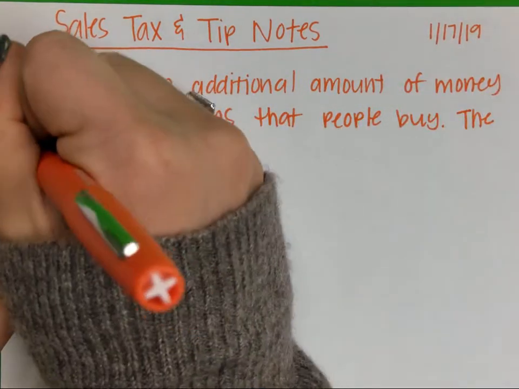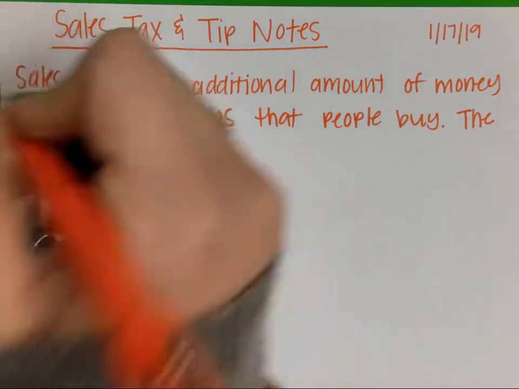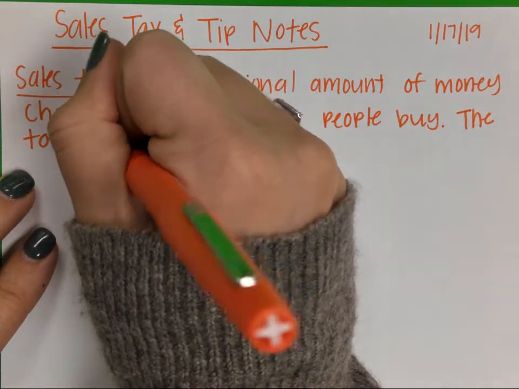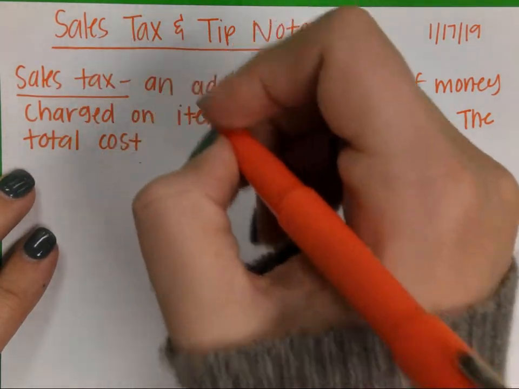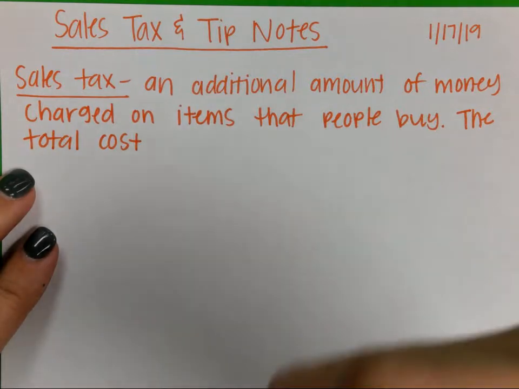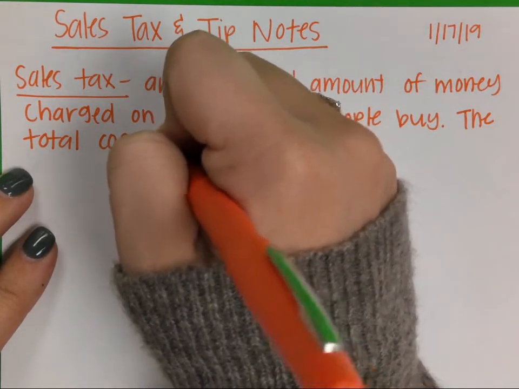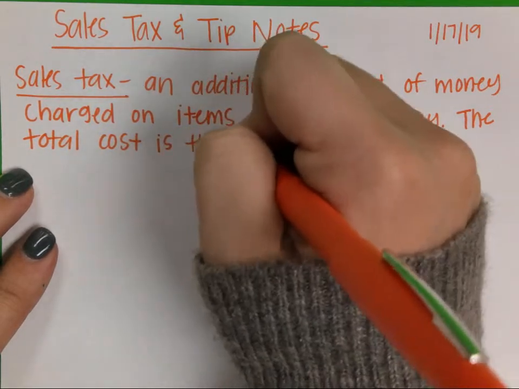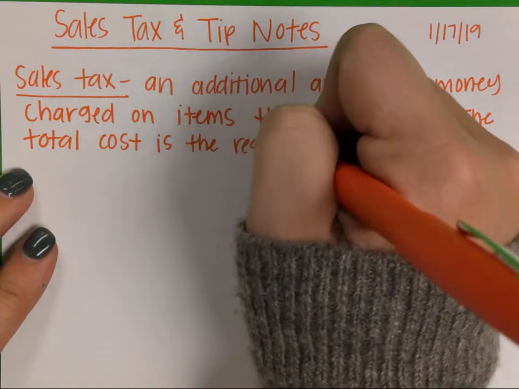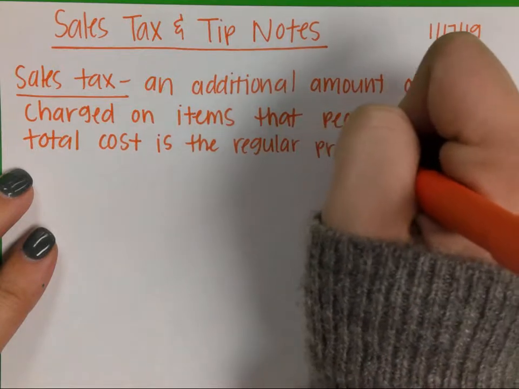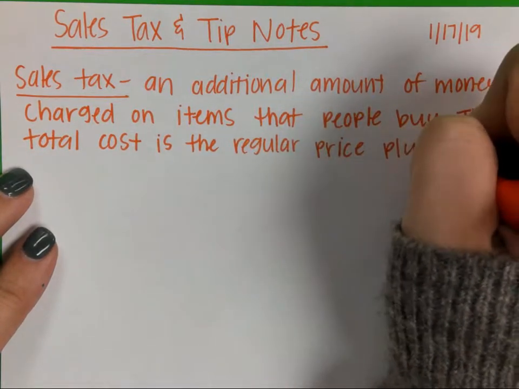The total cost that you pay to that store is found by adding the regular price plus that sales tax. So the total cost is the regular price plus the sales tax.